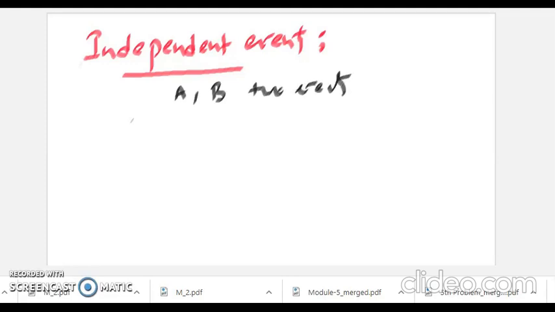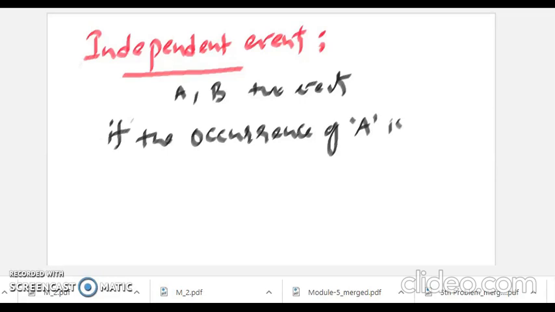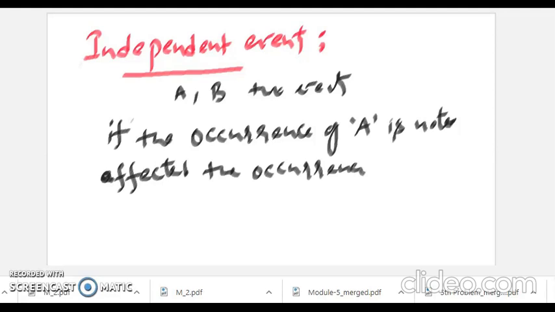These two events are said to be independent events if the occurrence of an event A does not affect the occurrence of an event B. Then we call A and B independent events.